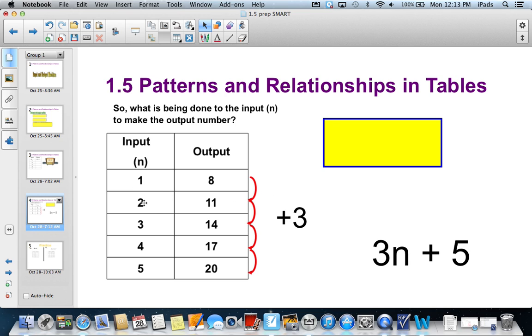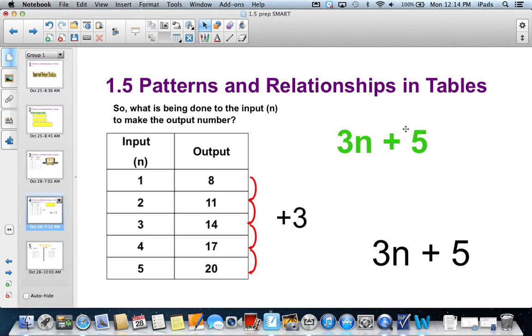If I substituted 2, 2 times 3 is 6, plus 5 is 11. That one worked. Substitute 3. 3 times 3 is 9, plus 5 is 14. So my jump here was up by 3 each time. When that happens, I automatically multiply my variable by that number, and wherever I end up, I have to add or subtract to finish it off. So the actual expression is 3n plus 5, so that worked out correctly here.